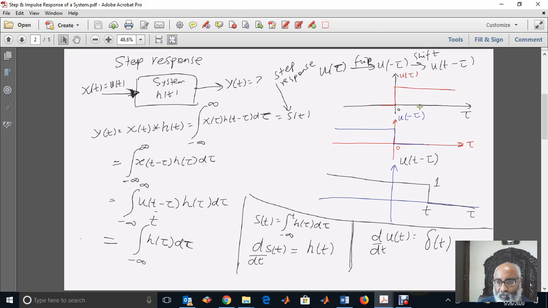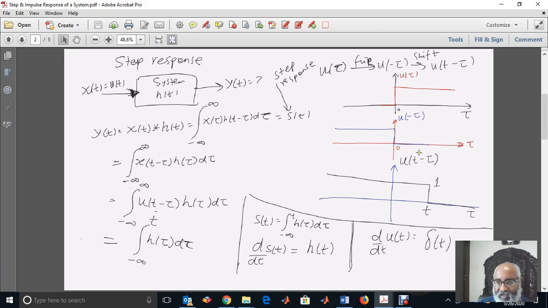And what is u(minus tau)? We flip it across the y-axis, so the right goes to the left and I have u(minus tau). So u(minus tau) is equal to 1 for tau less than 0 and 0 for tau greater than 0.